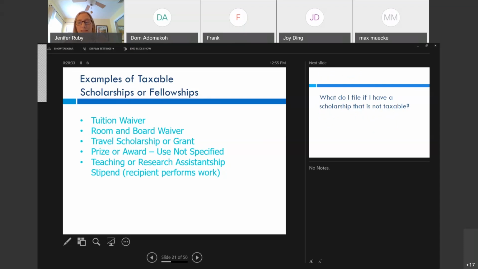That becomes a taxable scholarship. If you earned any sort of prize or award, you probably know you got taxed on it. And then any of our teaching or research assistantship stipends. So when you are performing work for that assistantship stipend, that is considered taxable.